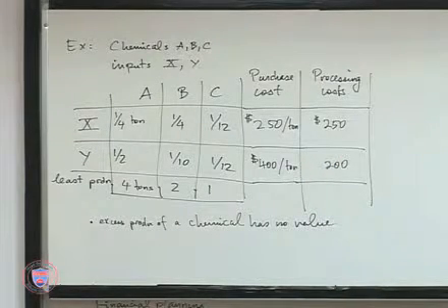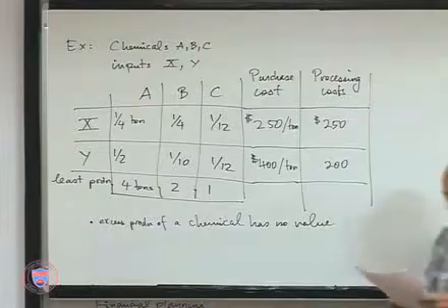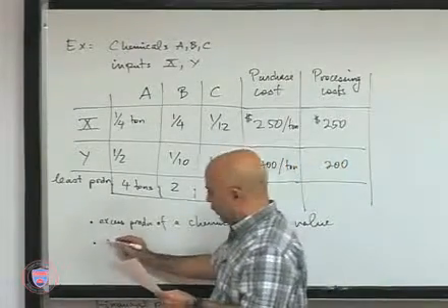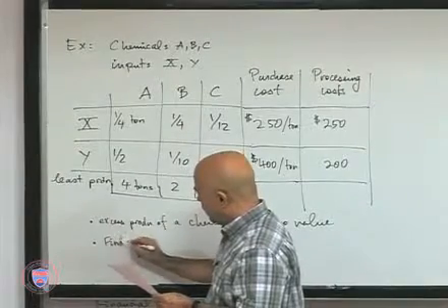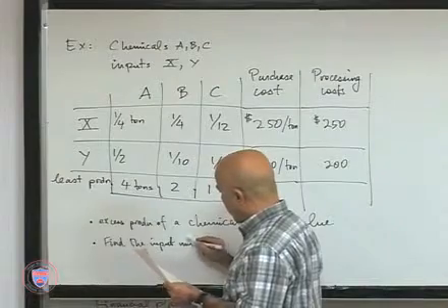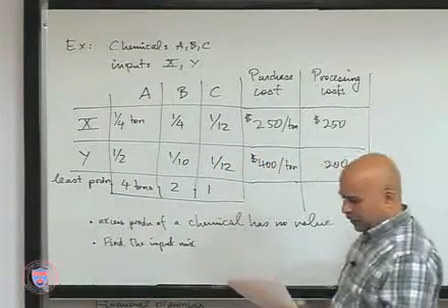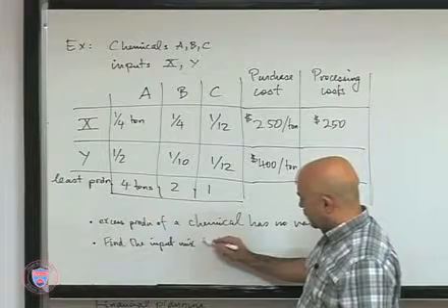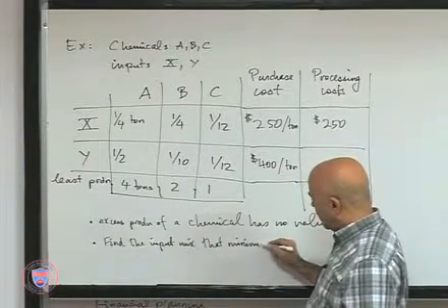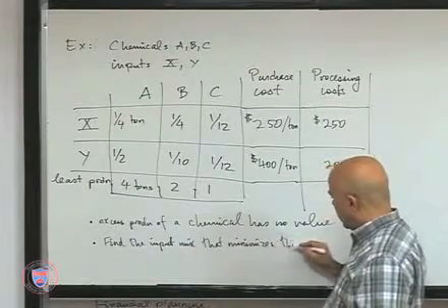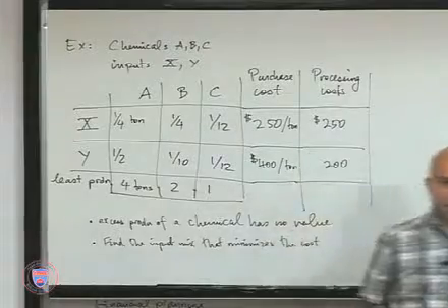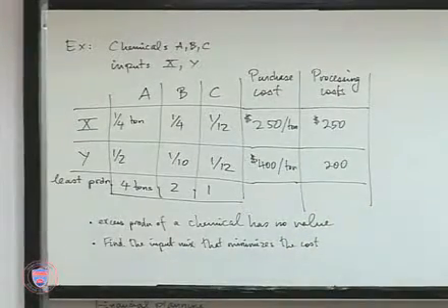Excess production of a chemical has no value, and you're asked to find the input mix that minimizes the cost, while, of course, meeting the least production quantities, the demands.